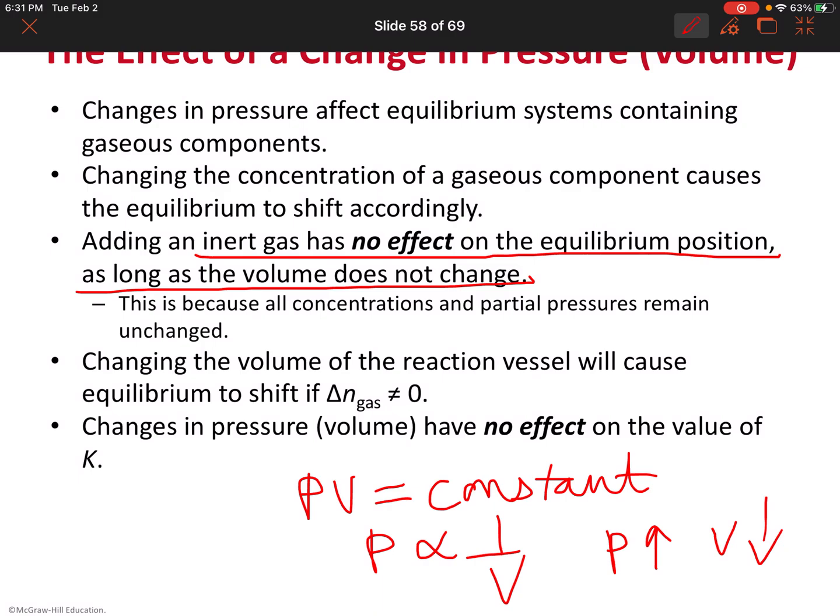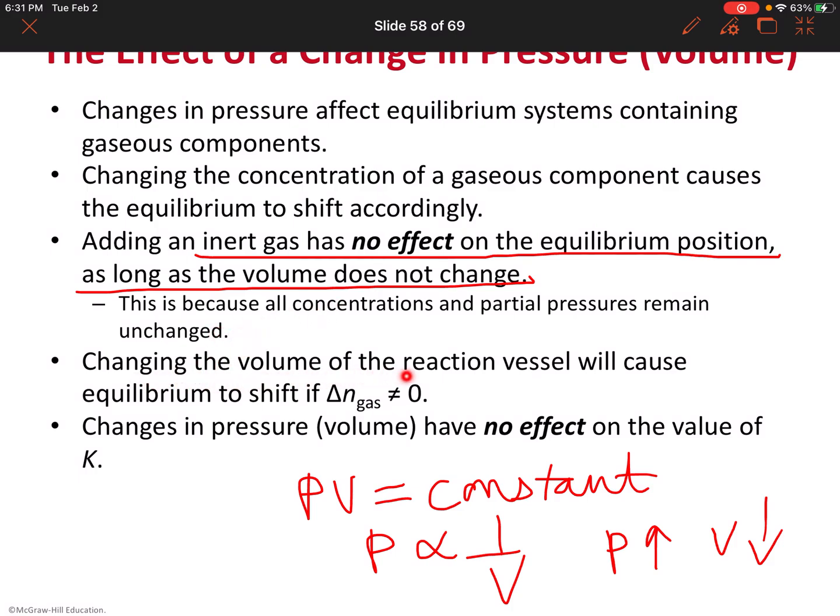If the volume doesn't change, you add any inert gas, nothing will affect the equilibrium position, because inert gases don't react with anything. This is because all concentrations and partial pressures remain unchanged by adding an inert gas.